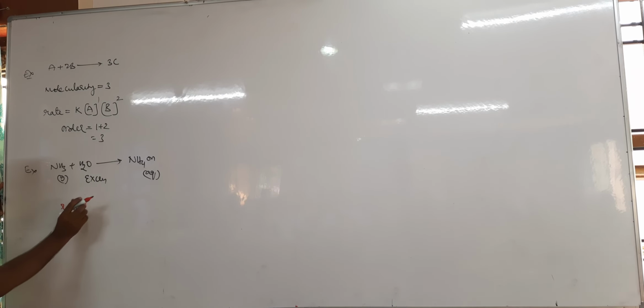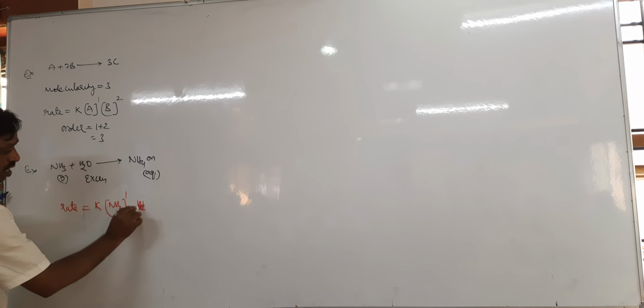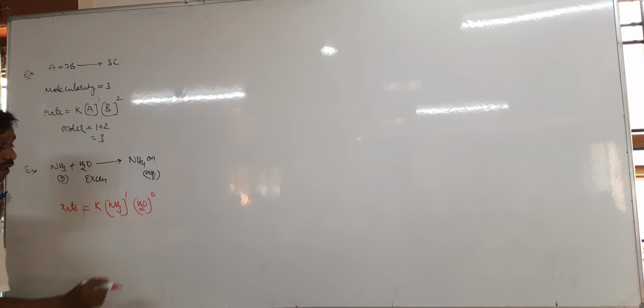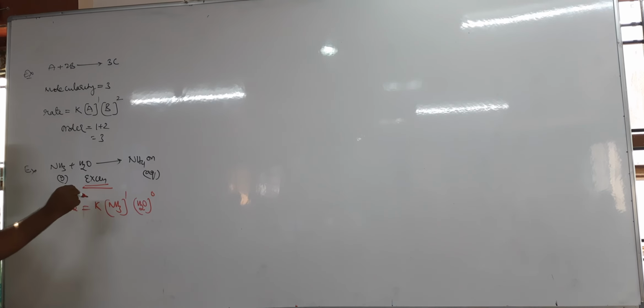According to rate law, rate equals k into molar concentration of ammonia power 1 and molar concentration of water power 0. Why? In a chemical reaction, if any reactant is taken in large or excess quantity, with respect to that reactant the order is 0.